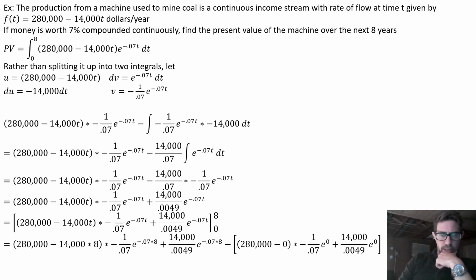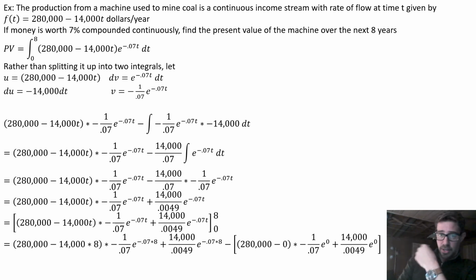Okay, 280,000 minus 14,000 times 8, so that's the upper bound, times negative 1 over 0.07 times e to the negative 0.07 times 8, plus 14,000 over 0.0049 times e to the negative 0.07 times 8, and then minus, you have to do brackets here, right? It's minus all of that stuff evaluated at 0.